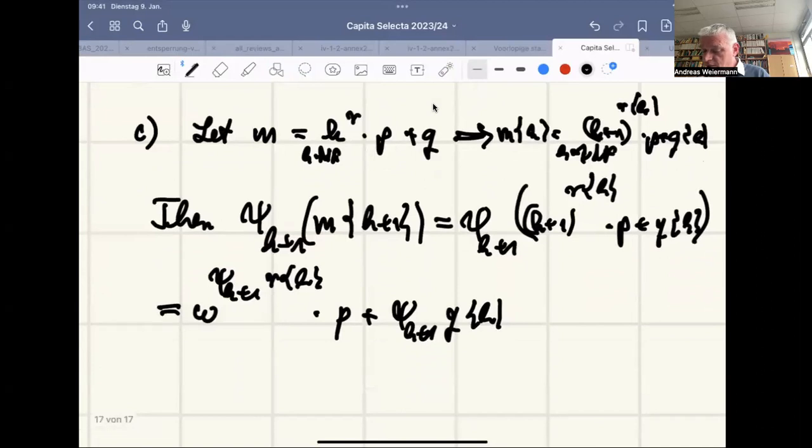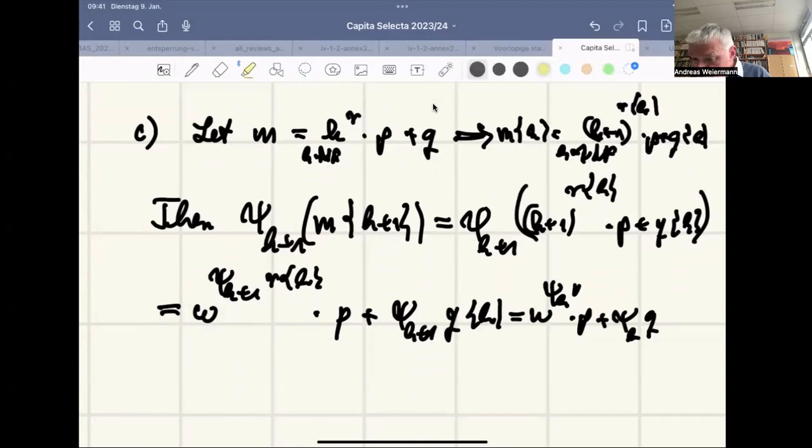Now what? If we can apply the induction hypothesis, we obtain omega to the psi_k of r times p plus psi_k of q. This is an R. Well, and this is psi_k of m.